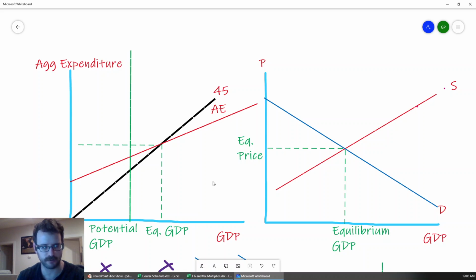Frictional is short-term, usually due to quote-unquote frictions in the job market. I'm looking for a job and I need a month or two to find one. Structural unemployment is really long-term unemployment. I was a carpenter, and all of a sudden, all carpentry is being automated.